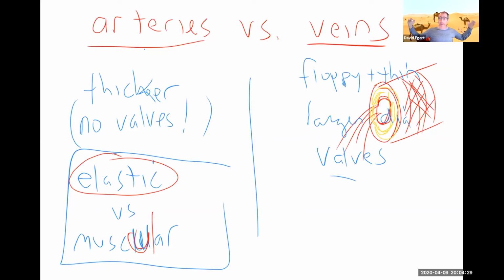As they expand, they store some energy. Then when the heart is in diastole, when it's relaxing and refilling, that stored energy in the stretched walls compresses in and keeps the blood pressure from dropping to zero. So the elastic arteries are like the aorta and pulmonary trunk.